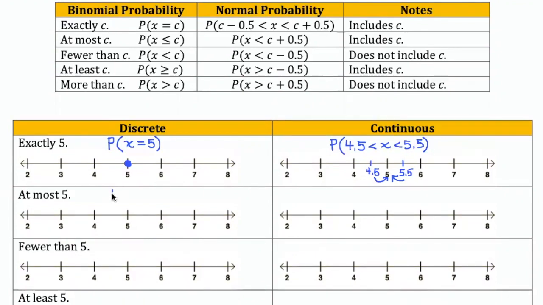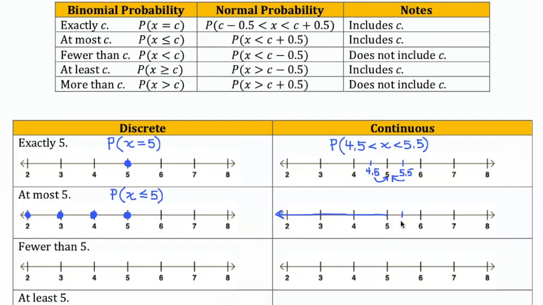If I want the probability of getting at most 5, that does include the possibility that I get 5 and everything less than 5. In a discrete distribution, getting a 5 would be a success, getting a 4 would be a success, getting a 3, getting a 2, and so forth. In the discrete distribution, we're not allowed to take on values in between these. So in the continuous distribution, I know I want everything from 5 and below, as we saw here. All of these things would satisfy the probability of getting at most 5.